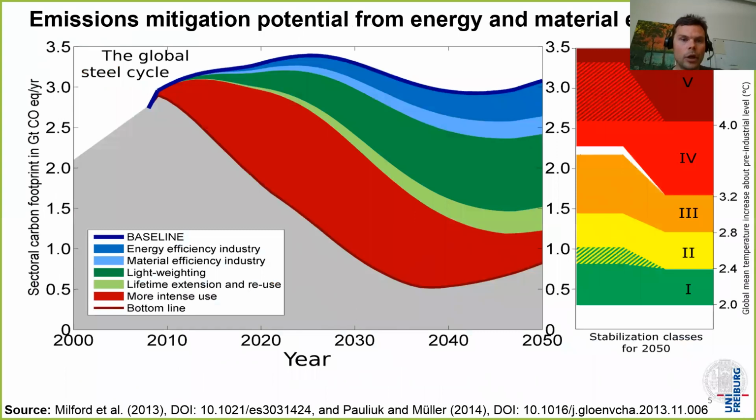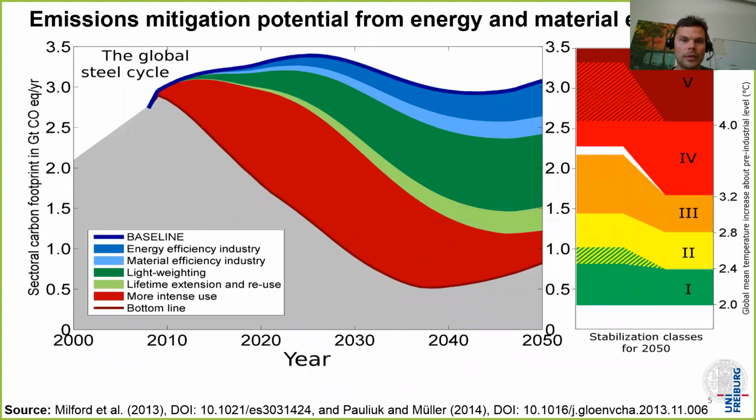An example here would be a study of the global steel cycle, where we can see how material efficiency strategies, for example, more intense use, like car sharing instead of everybody driving their own car, or better use of office space, or the lifetime extension of products, can change steel consumption and thus also emissions.